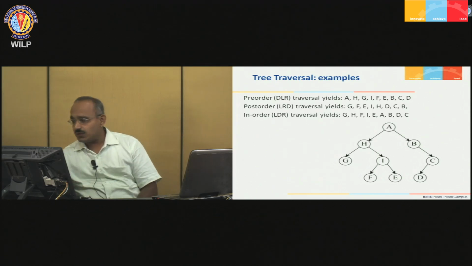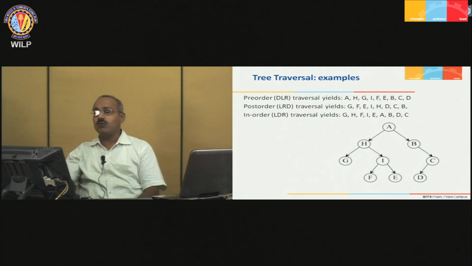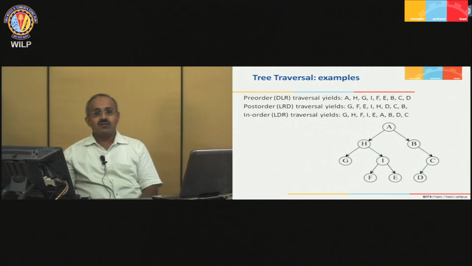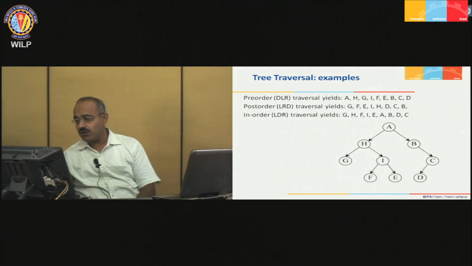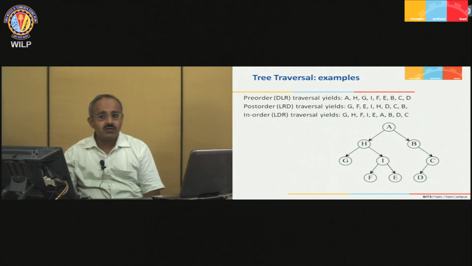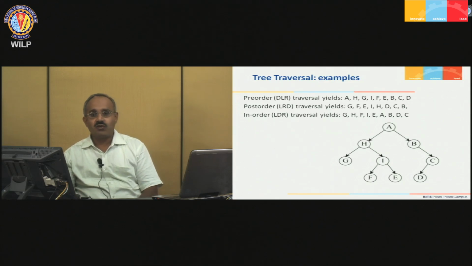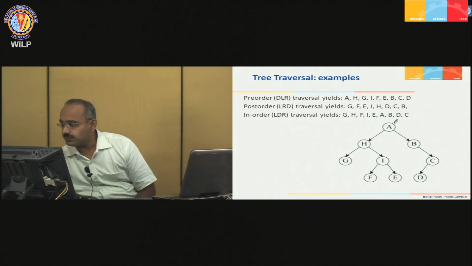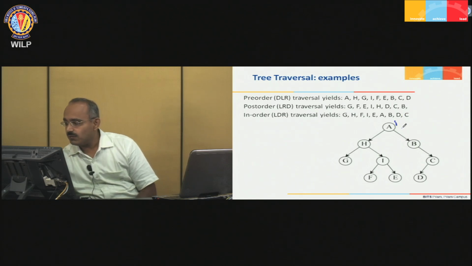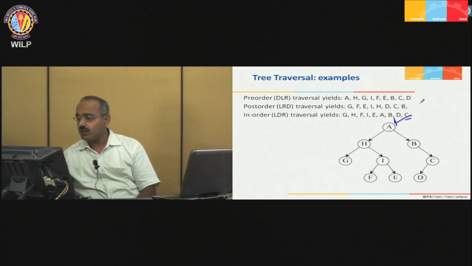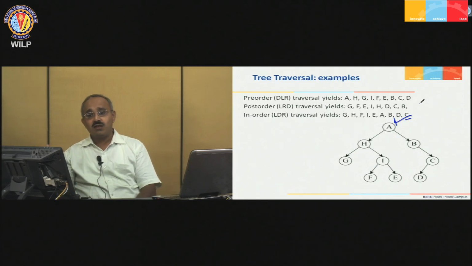So, I have a little more complex tree, and we are going to try to traverse this in the 3 orders. The pre-order traversal, if you recollect, is first root, then left subtree, then right subtree. So, you will first traverse A. Then you are going to traverse the left subtree in pre-order.